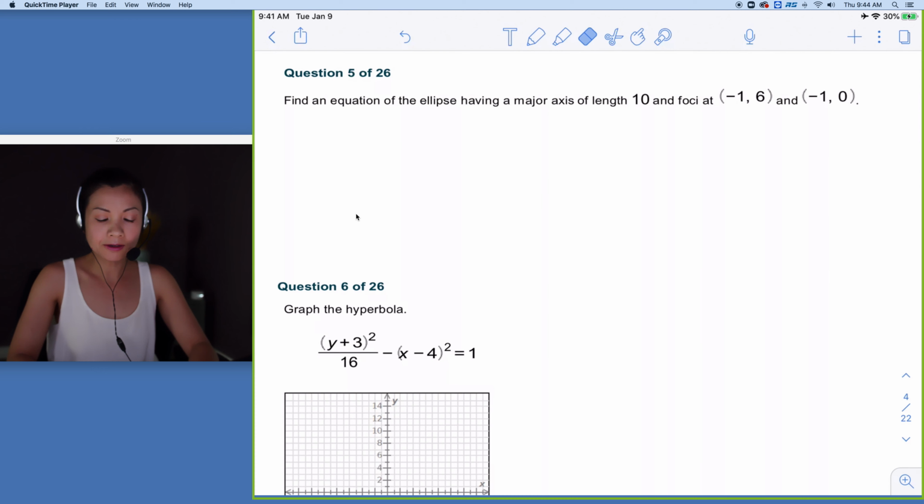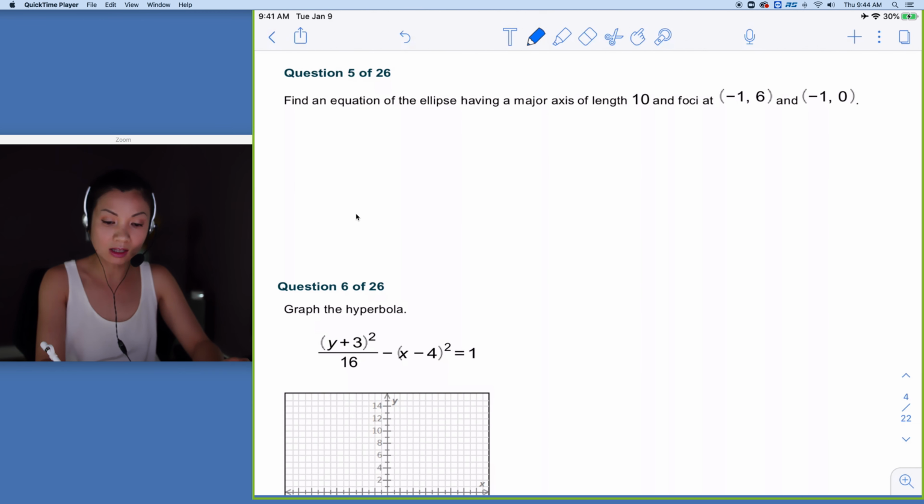For number 5, some information is given and we are asked to find the equation of the ellipse. So notice that they give you the two foci and they give you the length of the major axis. They didn't tell you whether it's going to be vertical or horizontal. However, I always try to locate the foci.